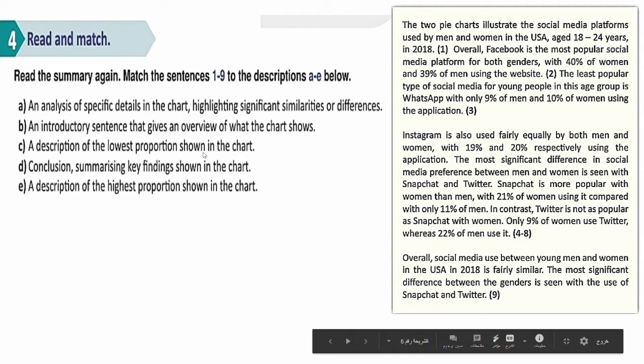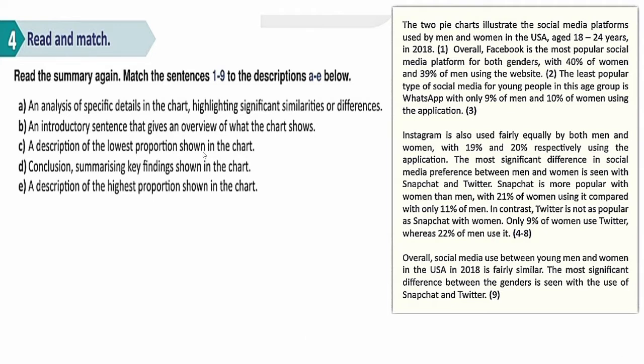So, let's start with the first sentence. The two pie charts illustrate the social media platform used by men and women in the USA aged between 18 and 24 years in 2018.